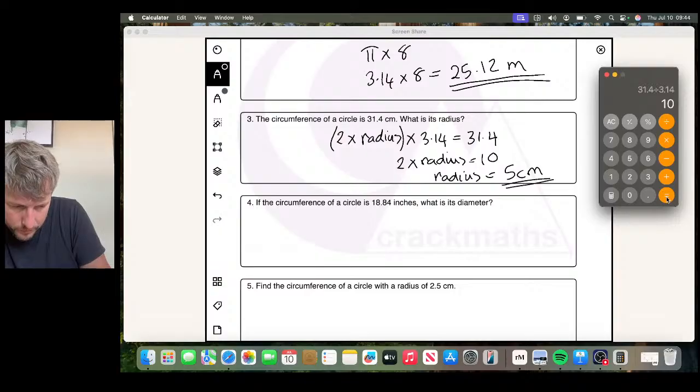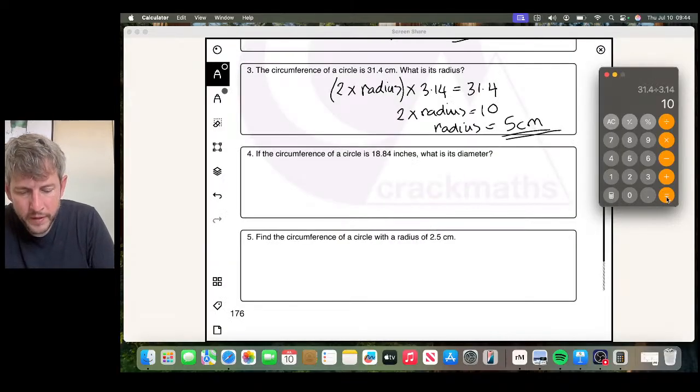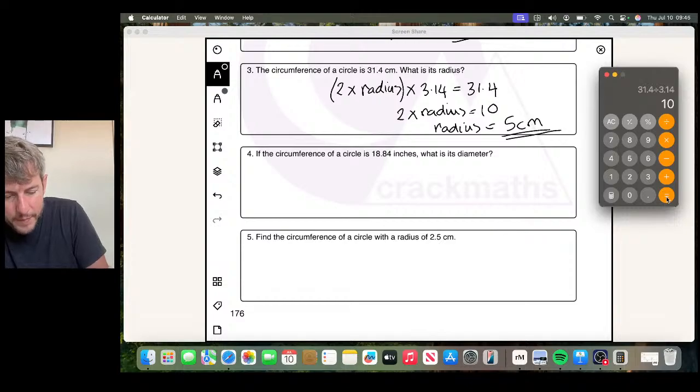Question 4. If the circumference of the circle is 18.84 inches, what is the diameter? Okay, so we want the diameter that time. So diameter times 3.14 equals 18.84.